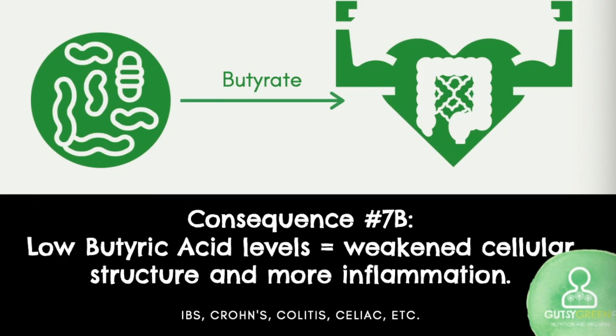These structural impairments are correlated with the onset of digestive conditions such as IBS, Crohn's disease, colitis, celiac, and more. So if you have any of those conditions, you should definitely take a serious look at your stomach acid.